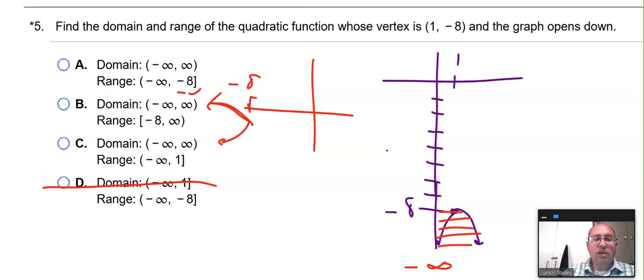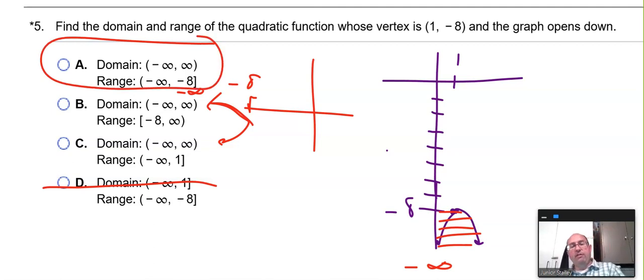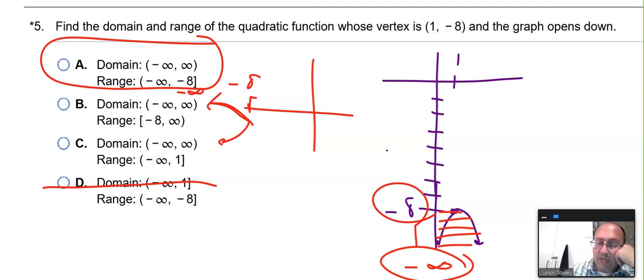Most kids realize that negative infinity would be over here, so they would get the idea that they need to go from negative infinity, stopping at -8. In a vertical fashion, sometimes it's hard to see. When you twist the graph 90 degrees, it's easier to see the negative infinity to -8.